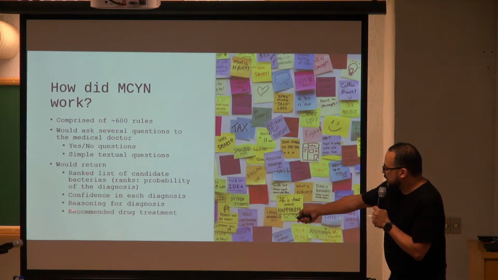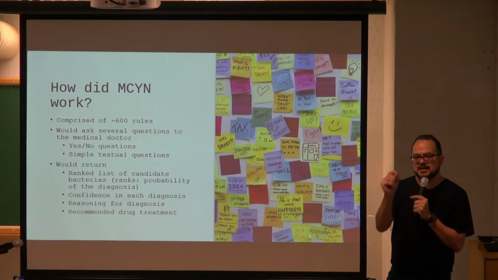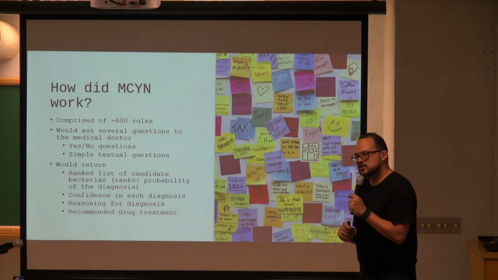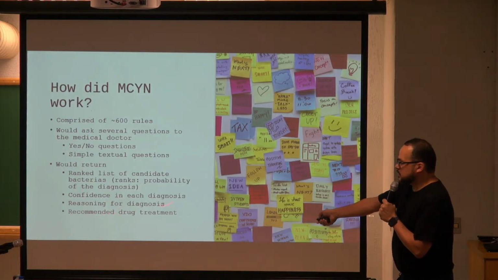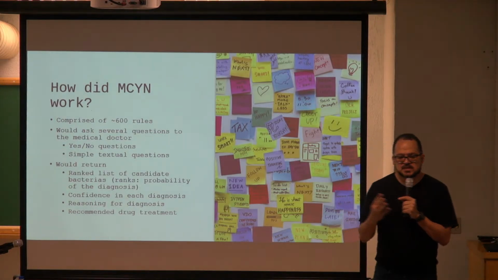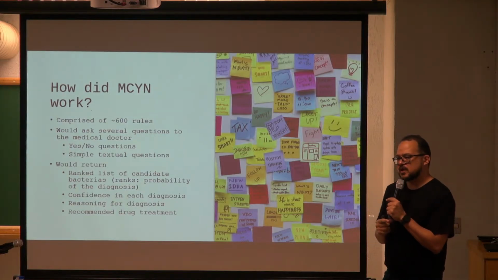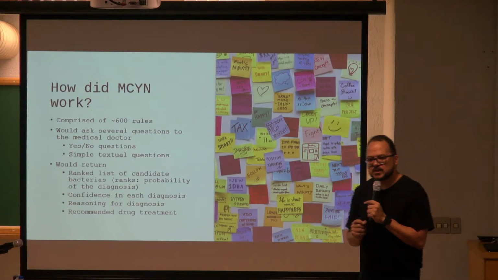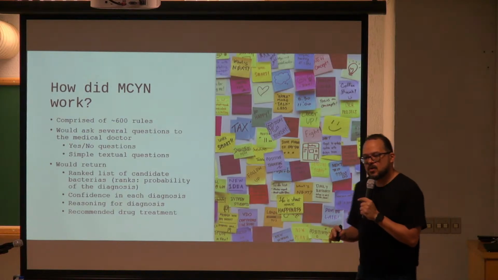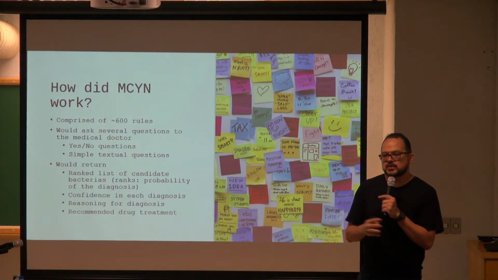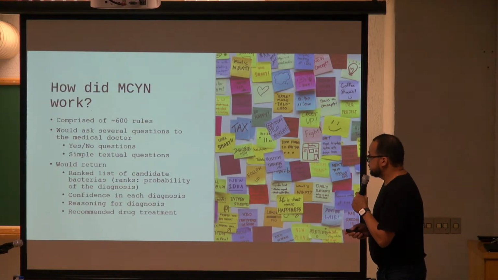It would give the medical doctor the reasons for which the system believes that particular bacteria was the one to be guilty, and it would recommend a drug treatment. So this was the very beginning back in the 70s. Of course, there were other interactions before that, but this is the one that was highlighted over the years as being one of the very first expert systems.